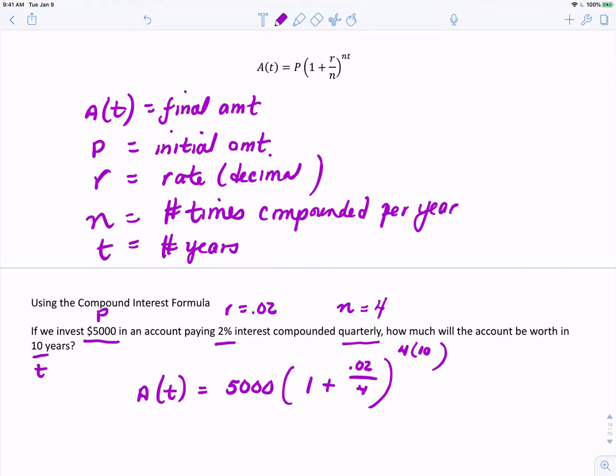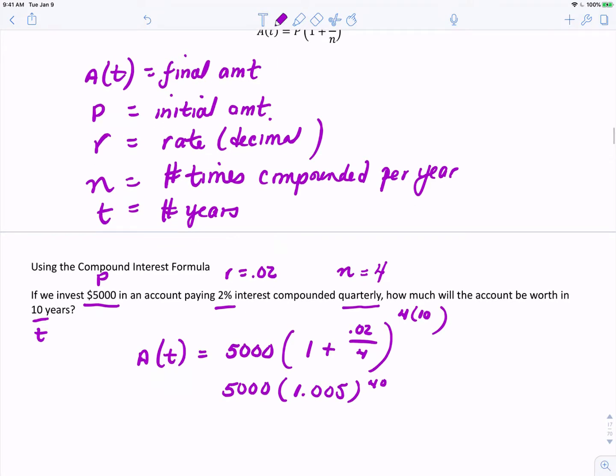All right, so 0.02 divided by 4, and adding 1. So here we have 5,000 times 1.005 raised to the 40th power. And if we do that, let's see what that would come out to be. We would have a final amount of $6,103 and about 97 cents.